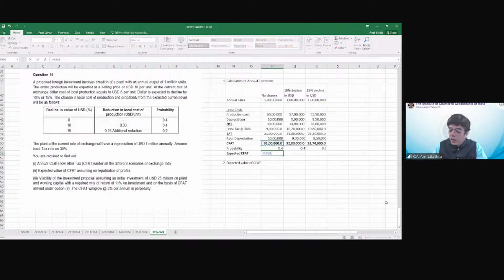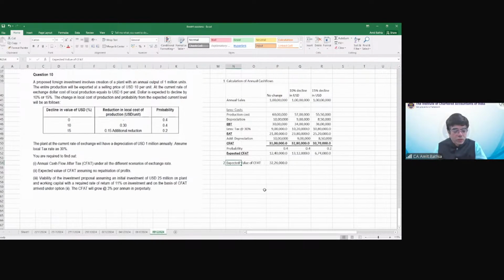Equal to 31 into 0.4. Right? So total expected value of CFAT कितना मिलेगा? This plus this plus this. So it is 32,26,000 USD. ठीक है? This is my second part.